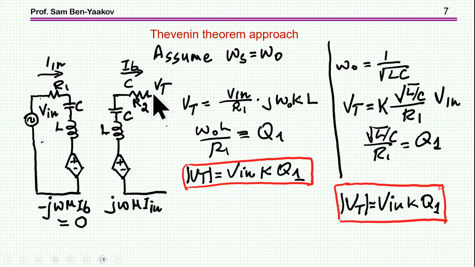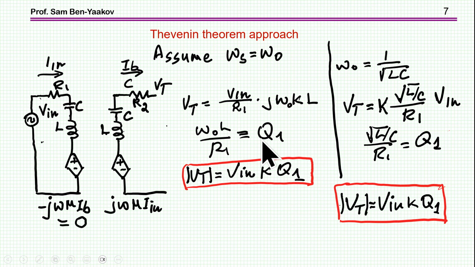If this is open circuit, there's no current, and therefore there's no voltage here imposed by this dependent voltage source. And we are at resonance, so the current is Vin over R1. Here it is. And then it is reflected here times jωM. And this is what we see here at the output times this value here. kL is the mutual inductance.